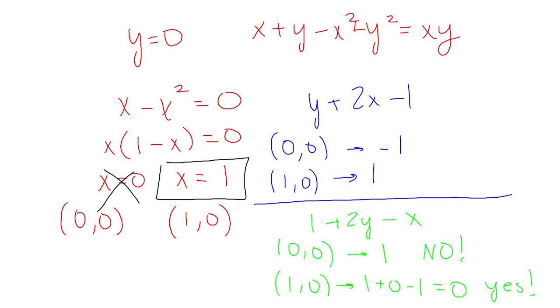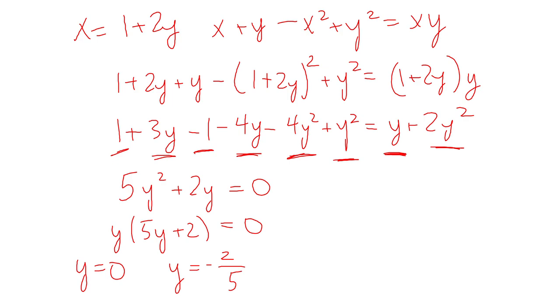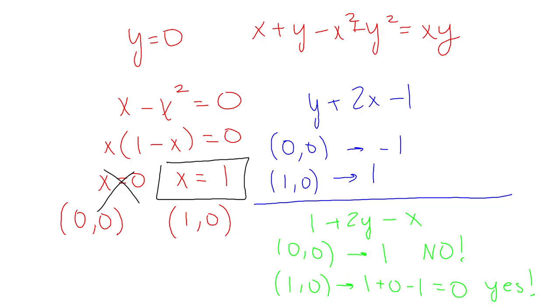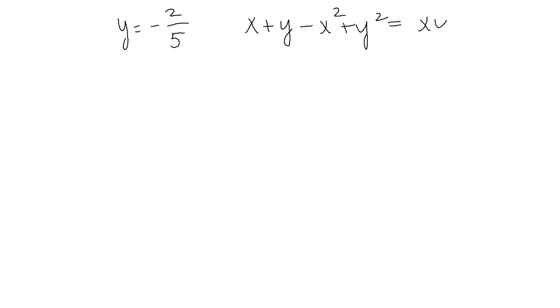Then the other half of this is going to be dealing with y equals, what did we have? We had y equals negative 2/5. So we're going to now take y equals negative 2/5 and plug that into our original equation, which once again was x plus y minus x squared plus y squared equals xy.